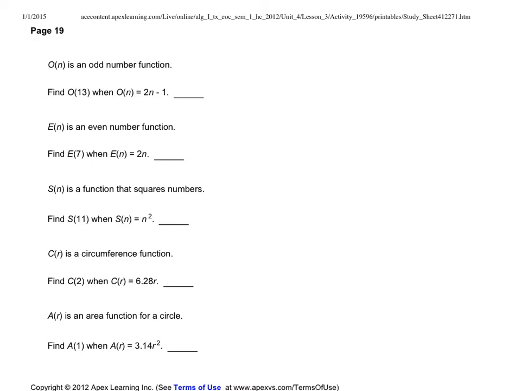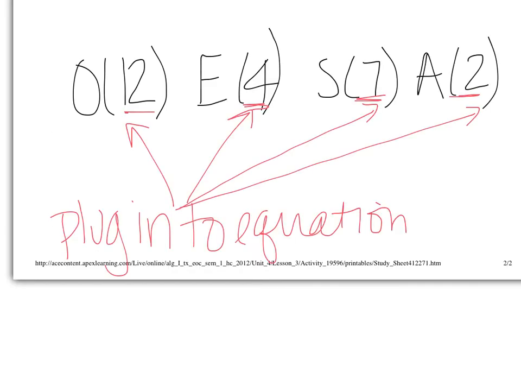So when they ask this, for this notation, it says O of n is an odd number function, find O of 13 when O of n equals 2n minus 1. There's something very important that you need to write down.